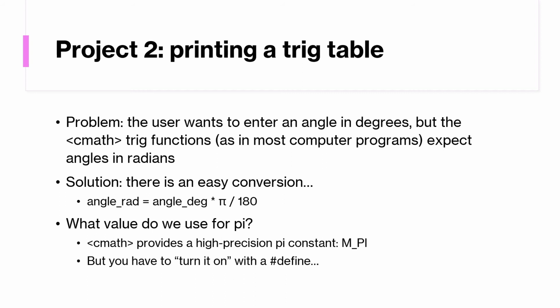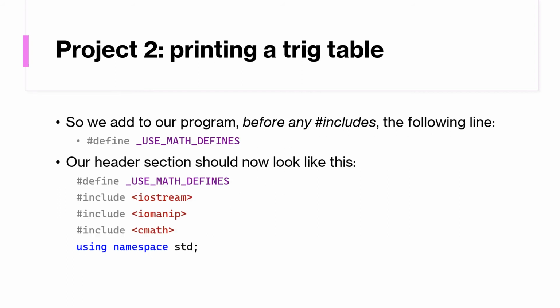So you have to turn it on using a pound define operation, which looks like this. You type the word pound define in lowercase, and then in all uppercase you type use math defines, but you start with an underscore. So it's underscore use underscore math underscore defines.